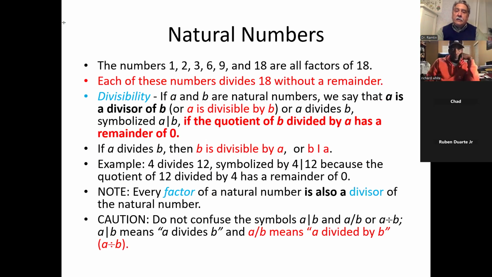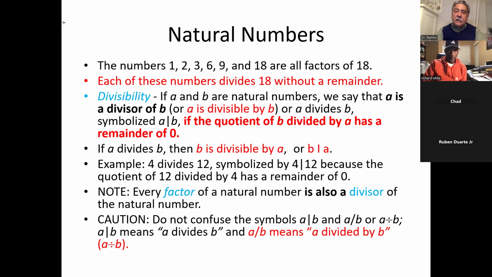Numbers 1, 2, 3, 6, 9, and 18 are all factors of 18. That means each of these numbers divides 18 without a remainder.